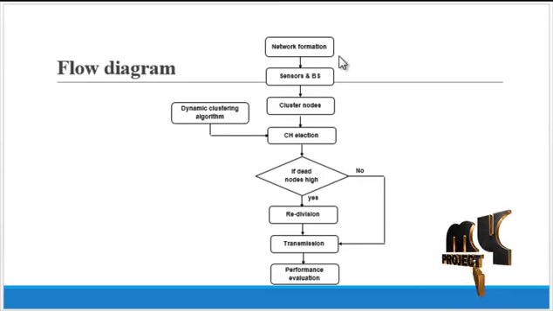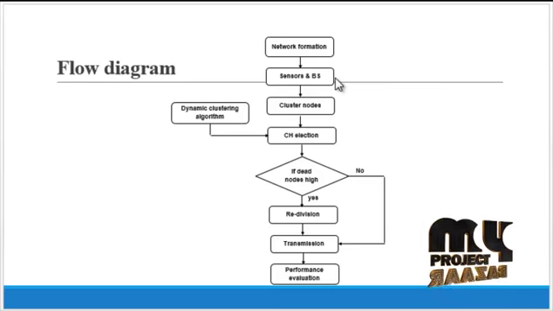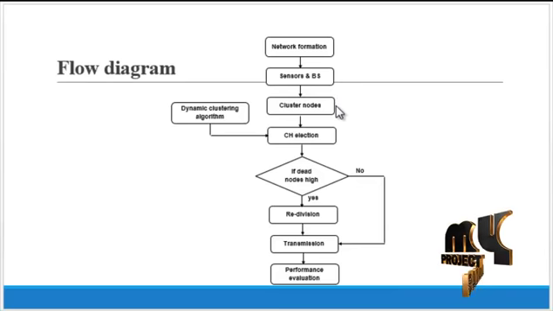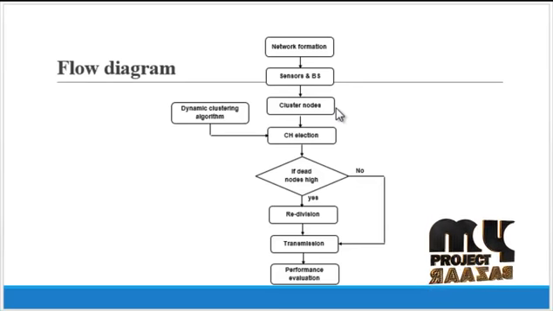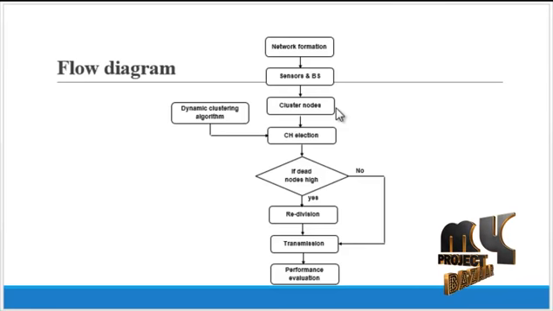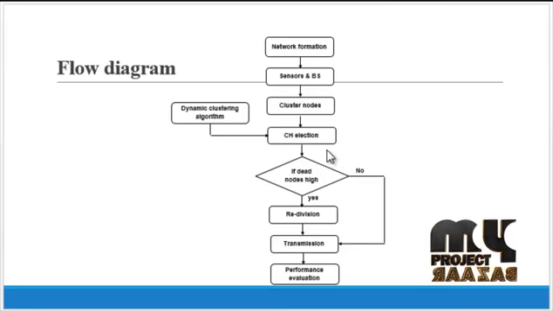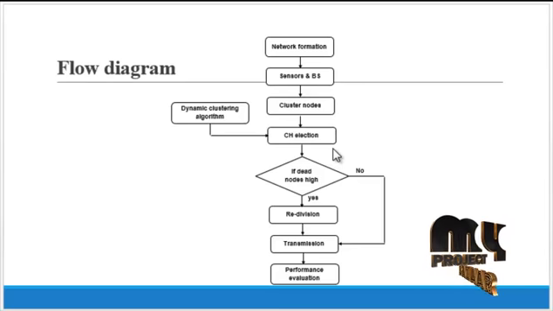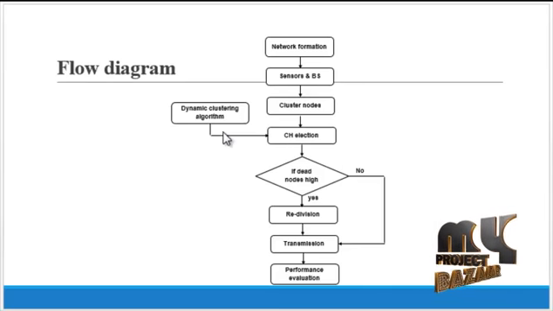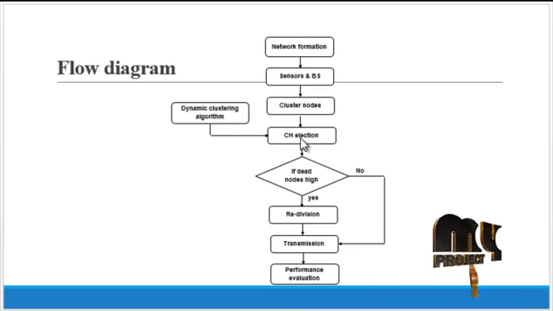First, the network is formed with the number of sensors and the base station. Then the sensor nodes form clusters with the cluster members. After that, the cluster head is selected for each cluster in the network. This is done by the usage of the dynamic clustering algorithm.